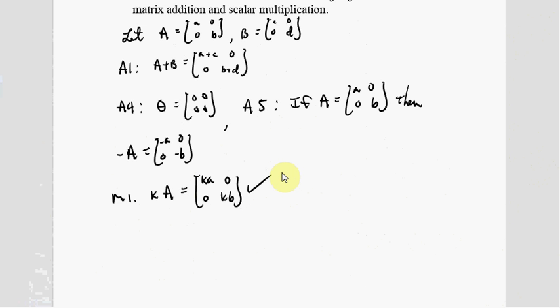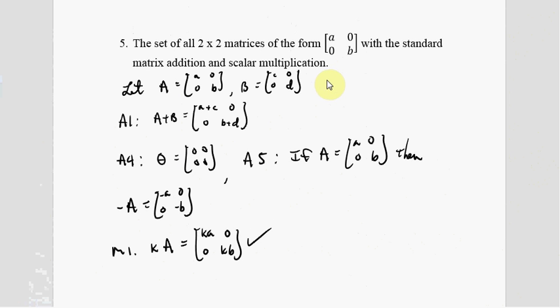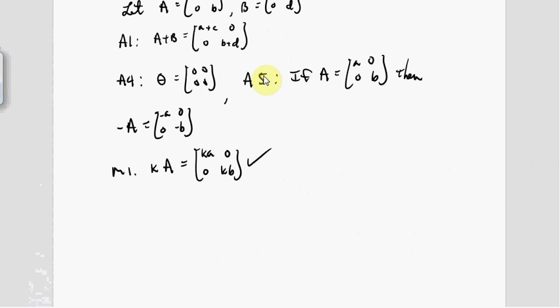Unless it says otherwise, we should assume that it's going to be standard for k times A, not some strange rule like we had in the first example. Because here it says with standard matrix addition and scalar multiplication. Yes, sir, that's exactly what that means. So all the critical components are satisfied.